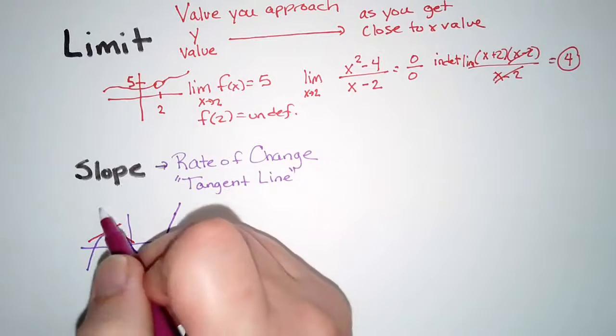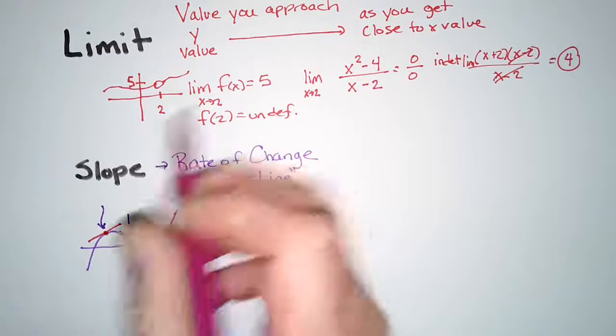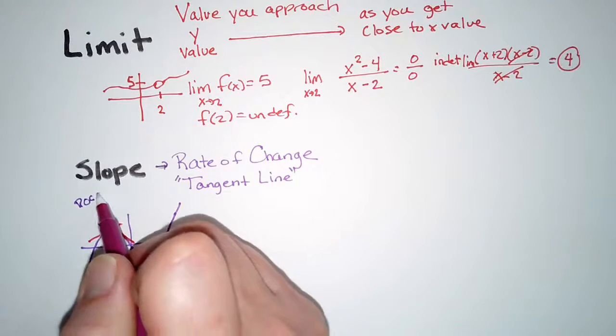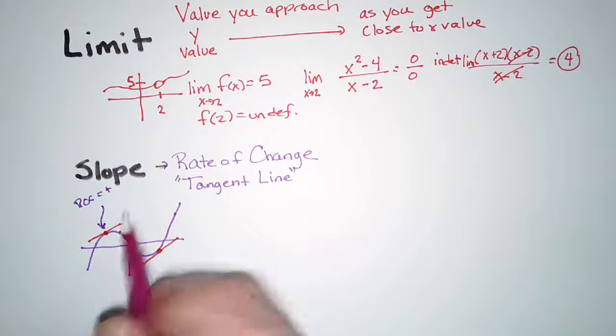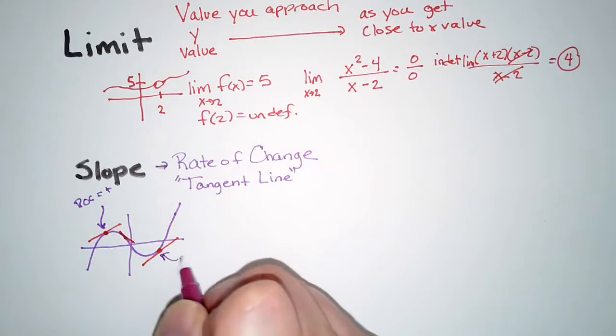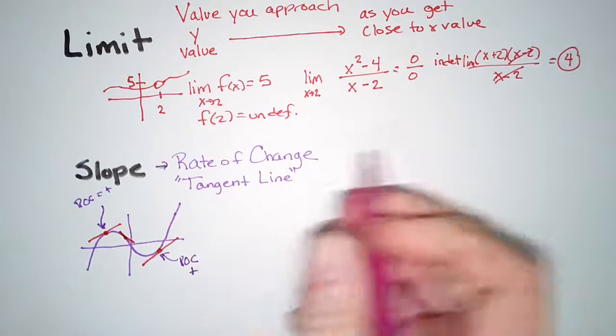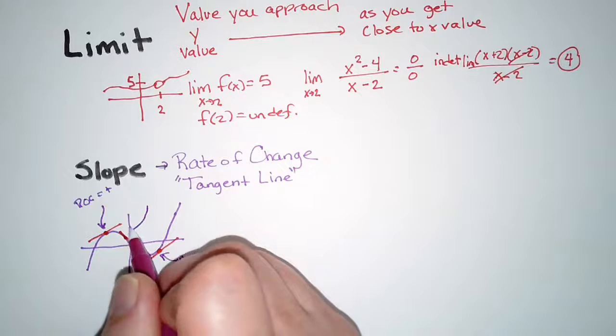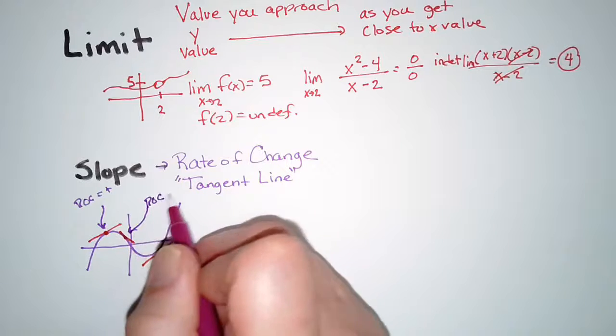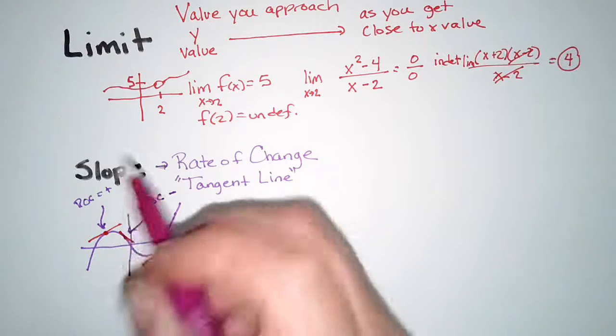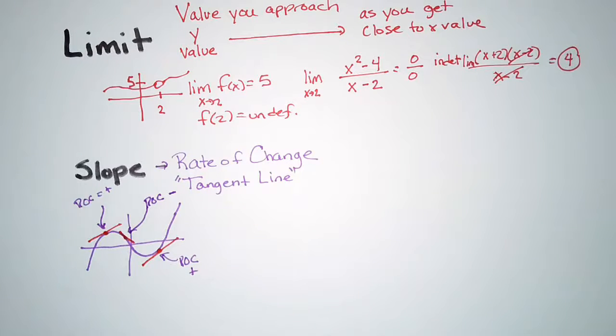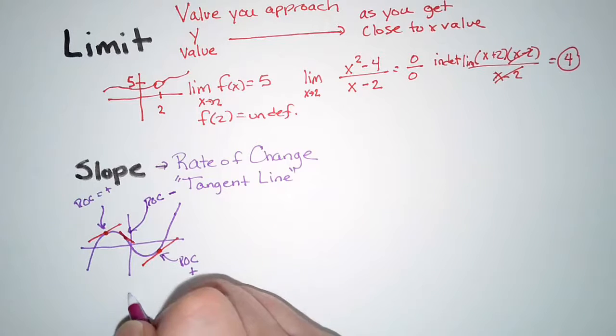I know right here that the slope, or the rate of change, is positive because the line is going uphill. I know here the rate of change is also positive because the slope is going uphill. And I know here the rate of change is negative because the slope is going downhill. So first what we're looking at is graphically. In fact, I'm going to draw one more picture.